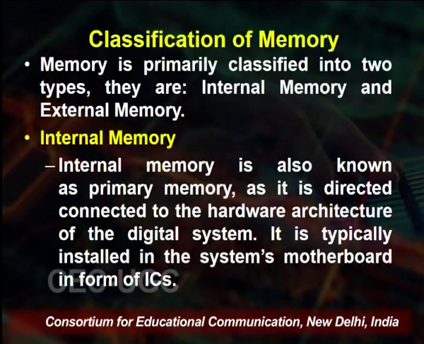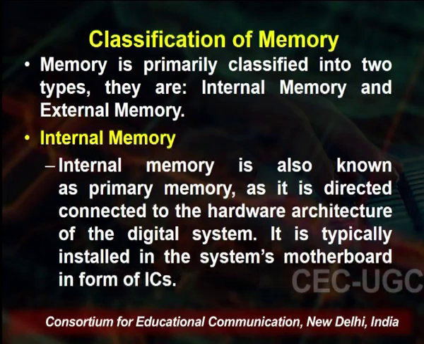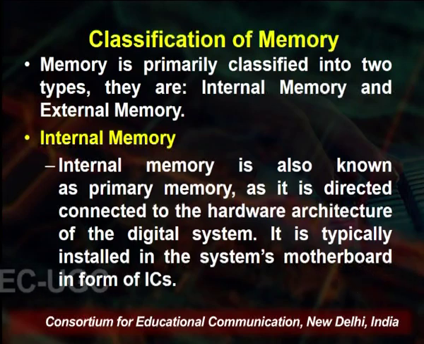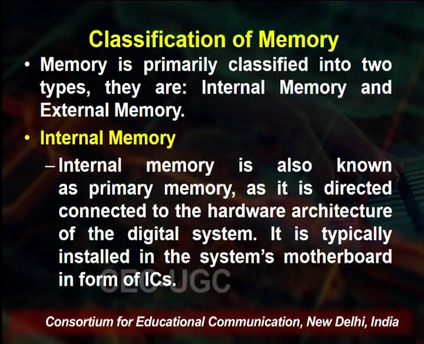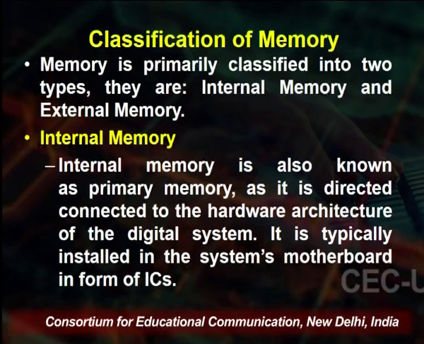Now we see that memory is primarily classified into two types: the internal memory and the external memory. The internal memory is also known as the primary memory and is connected to the hardware architecture of the digital system.